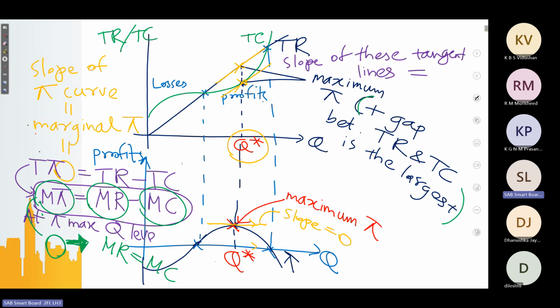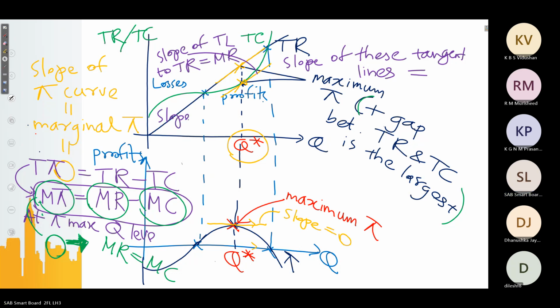This tangent line measures the slope of total revenue. The slope of total revenue is marginal revenue. The slope of the tangent line to the total cost curve is marginal cost.